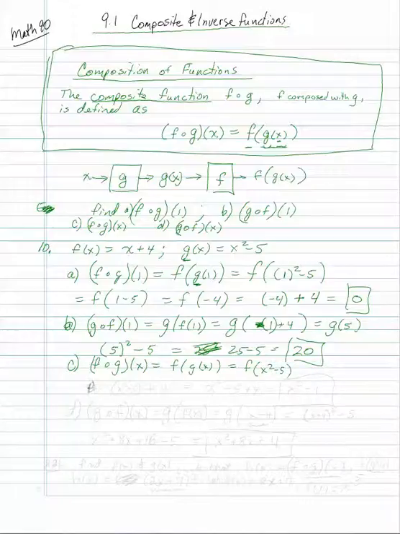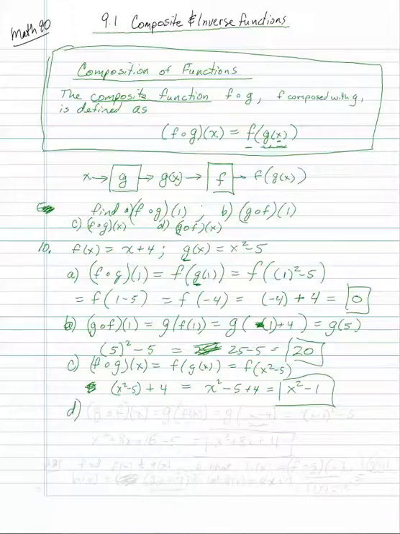And then f is x plus 4, but we're going to put in x squared minus 5. And just simplify it. x squared minus 5 plus 4 is x squared minus 1. And you can check A. If we were to plug in 1, 1 squared minus 1 is 0.